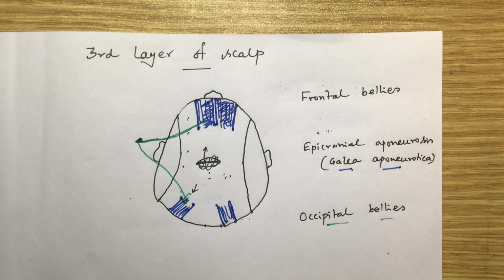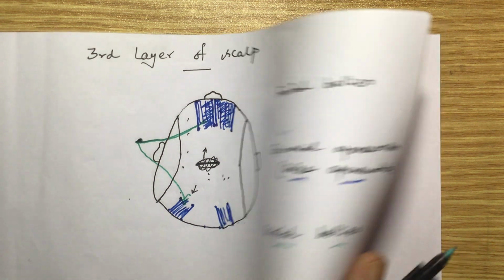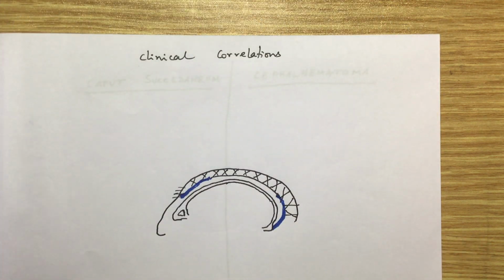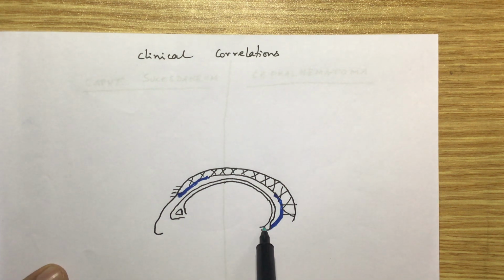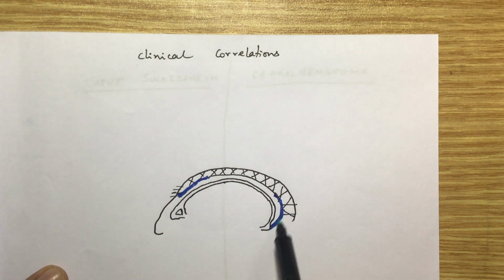And one of the important things is that this third layer is not attached with the bone anteriorly. Now if we look here, first layer, this is the second layer, and this one is the third layer. We can see that the occipital belly is attached with the bone here.